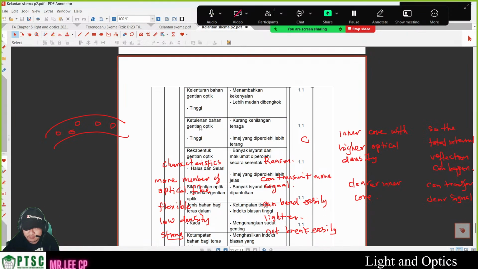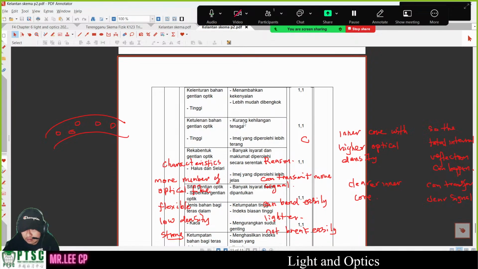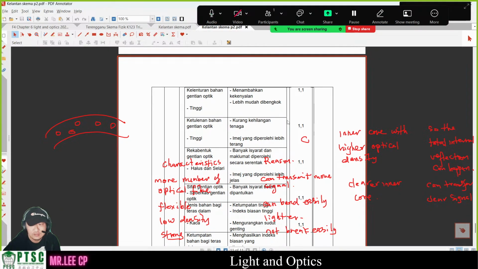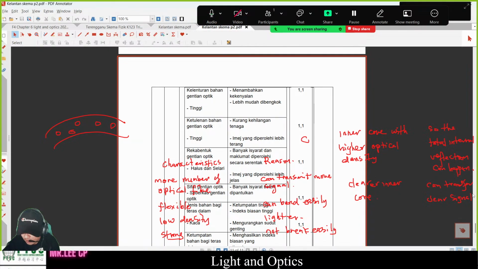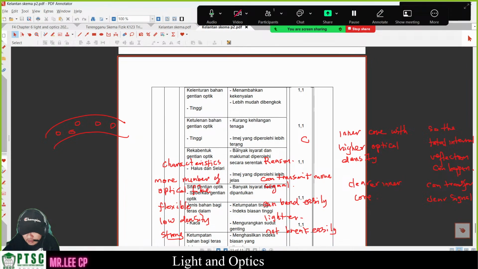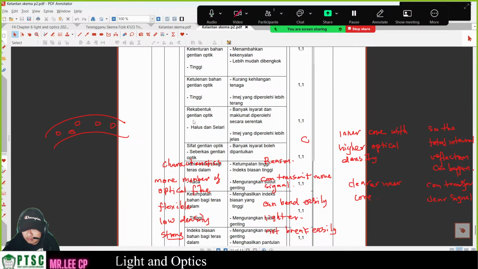The clarity of the optical fiber is high, so a clearer inner core, so less energy loss. So reduce the signal loss. Also can. This one is the same meaning. Can transfer a clearer signal, a brighter image obtained. The optical fiber design is fine and parallel, which I don't have.